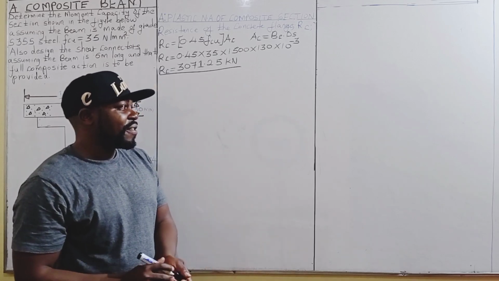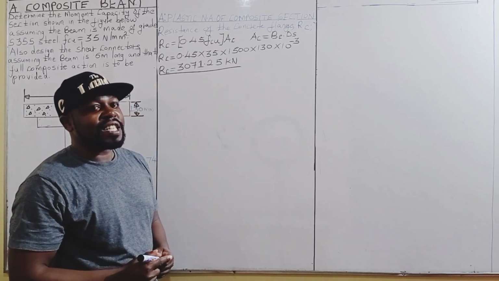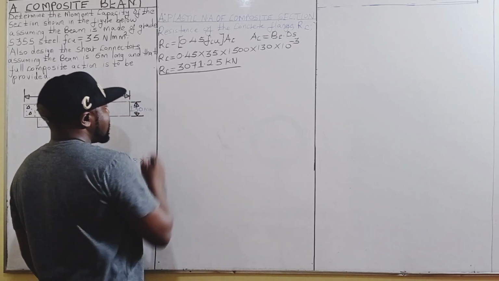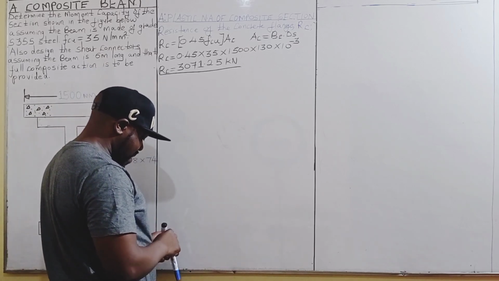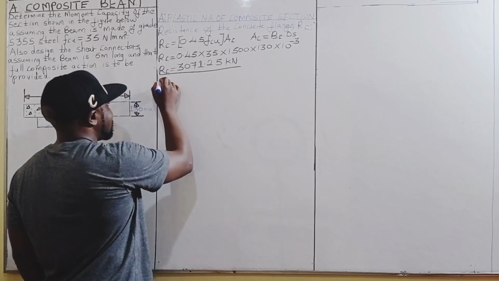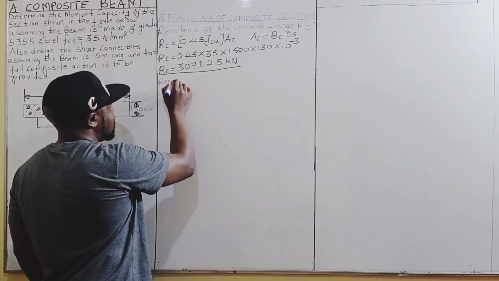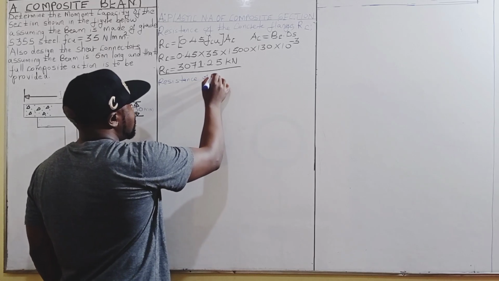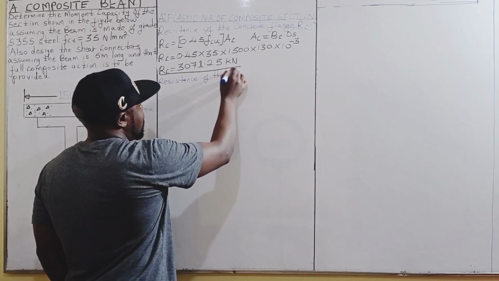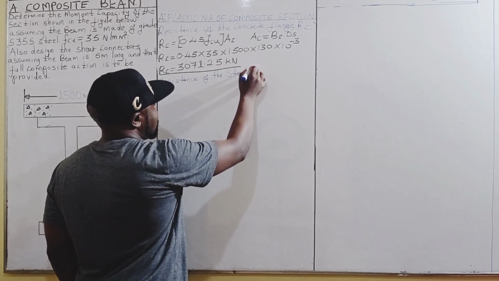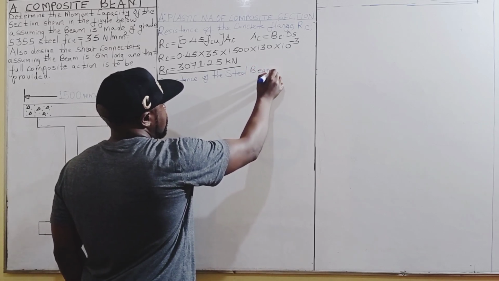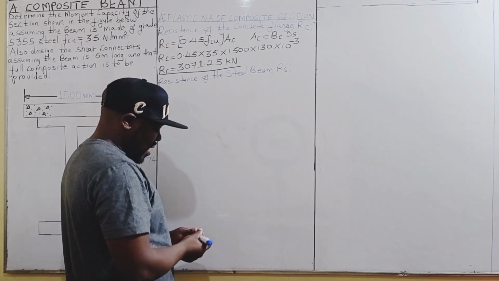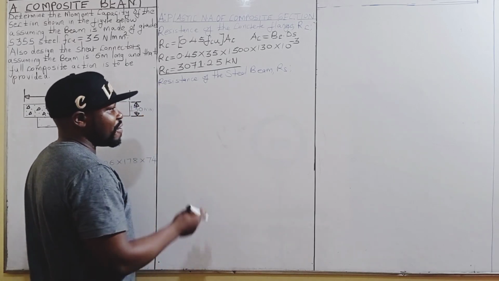After doing that, we are going now to determine the resistance of the steel beam. The resistance of the steel beam section, RS, will be given by the following formula.